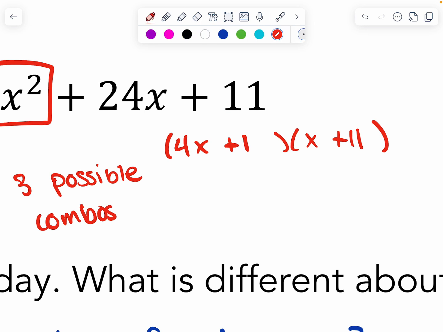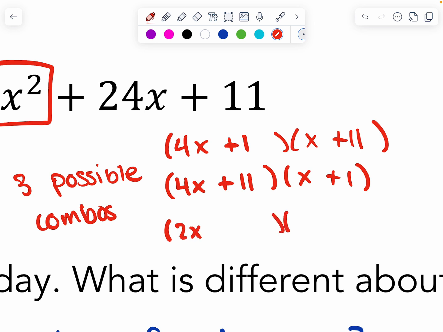So you could also have it factored as 4x plus 11 times x plus 1. This is a different factorization. And then we have our last one, when we said, well, we have 2x and we have 2x. In this case, it doesn't matter where you put 11 and 1, because the other terms are the same. So you have these 3 possible combos.